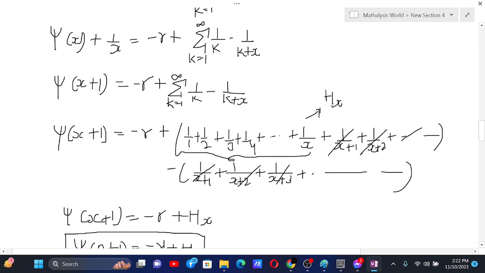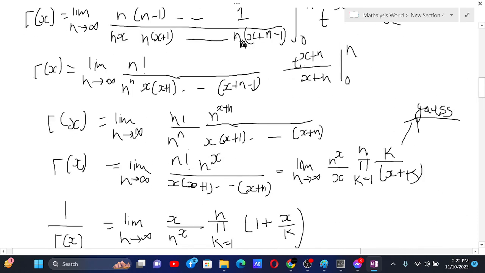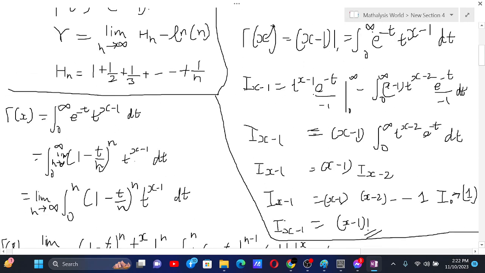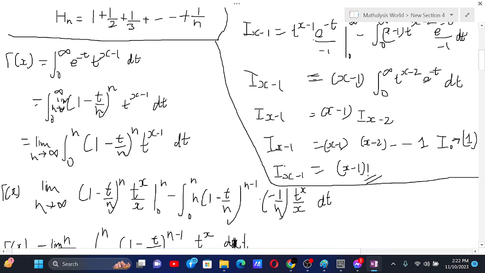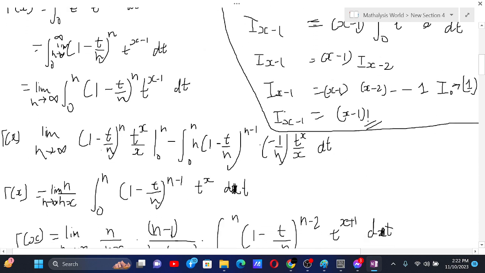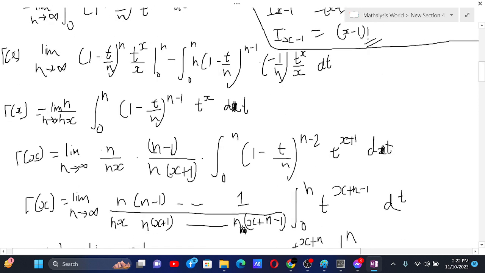So if I have to summarize this one, first of all we tried to find an integral representation for the gamma function. And then after that we changed that integral representation to the product representation of Gauss.